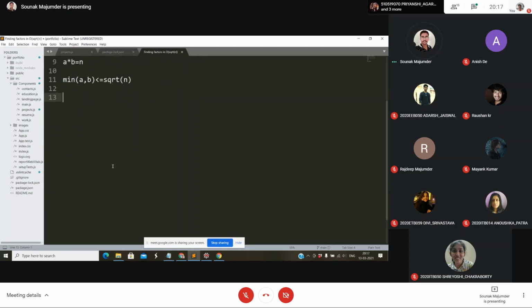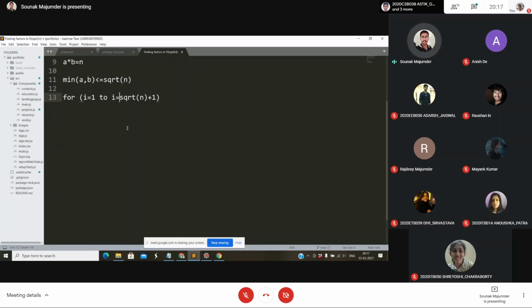Using this logic, let's say we run a loop for i equals 1 to i equals square root of n plus 1.